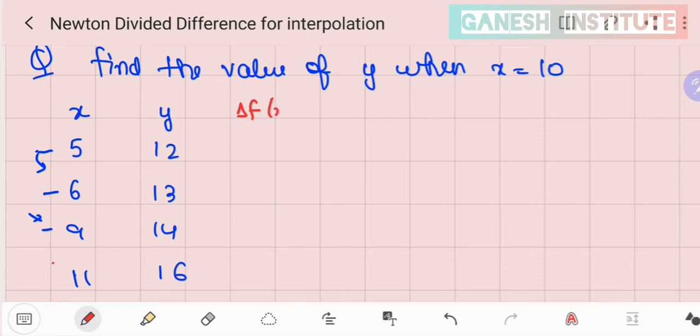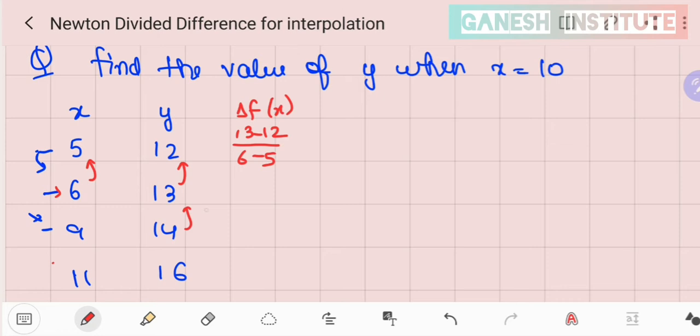What we have been doing in Newton forward or backward formula, 13 minus 12, final minus initial value. But another thing is we need to divide by the final and initial values of x as well. So this is 6 minus 5, okay?